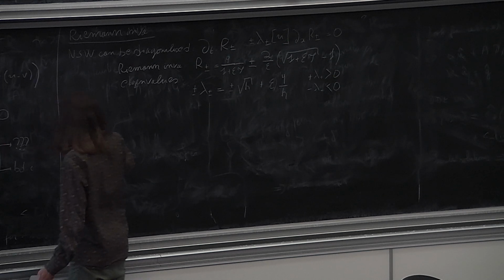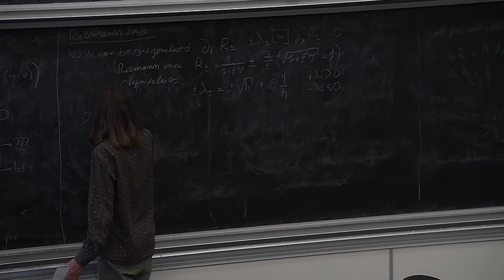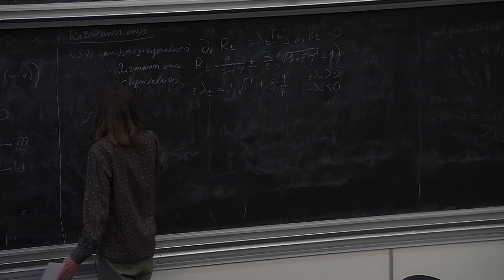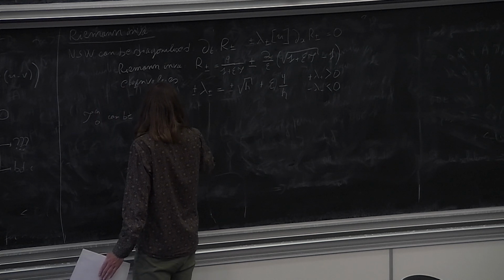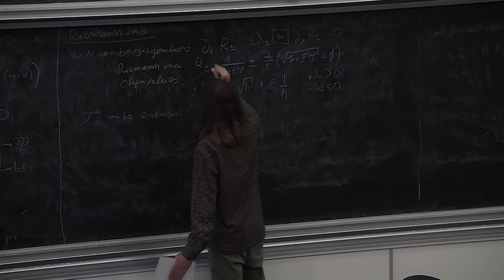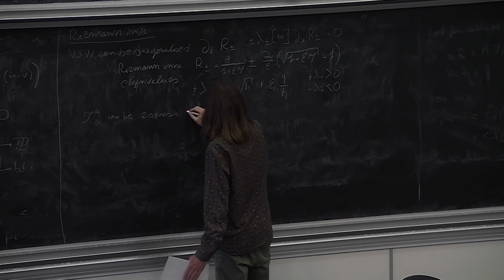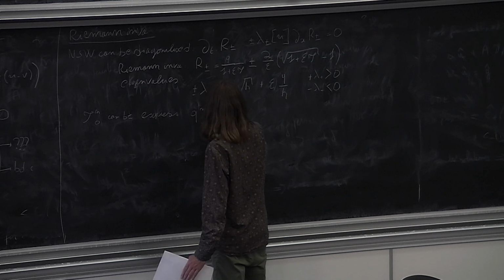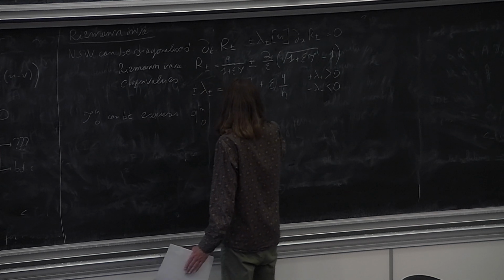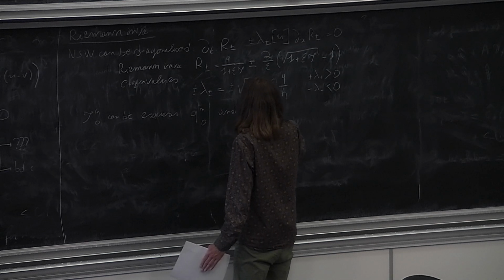I mean that zeta n0 can be expressed as a function which depends on Q and 0, which is a boundary condition, and the Riemann invariant.